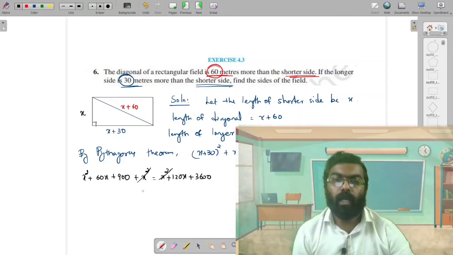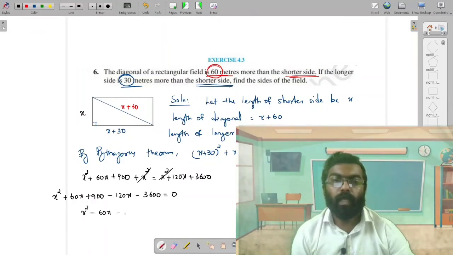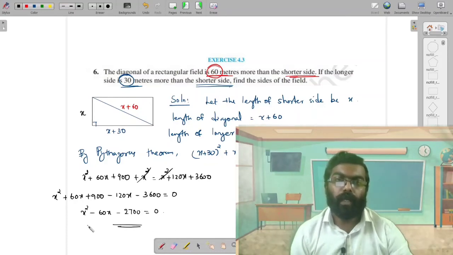One x square we can cancel and we can rearrange. x square plus 60x plus 900 minus 120x minus 3600 is equal to 0. That is x square minus 60x minus 2700 is equal to 0. So this is the required quadratic equation, and on solving this quadratic equation you will get the final answer.